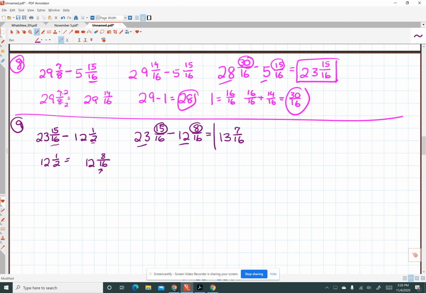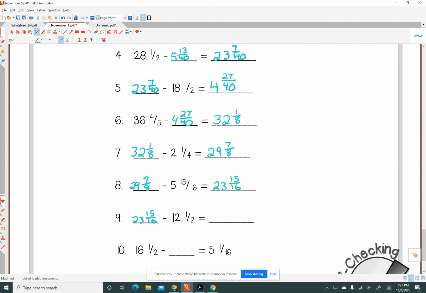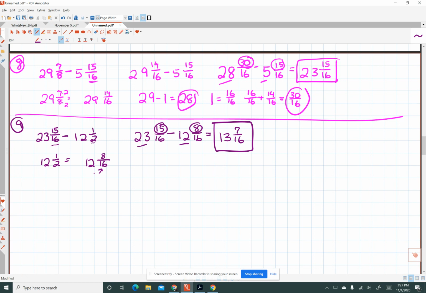And that is fully simplified, 13 and 7/16. Let's put our answer here. And here. And let's see if our answer checks. Let's go do this last problem. We don't stop until we check.